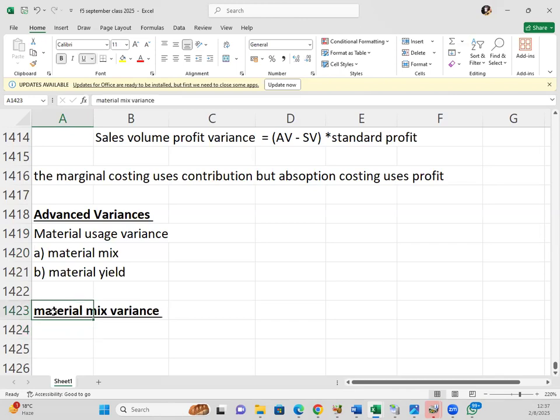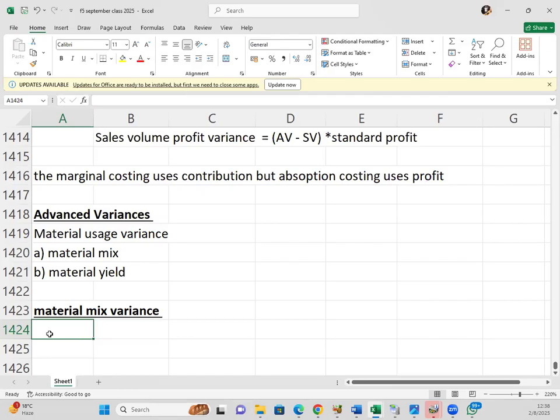So let's think of a cake. We need flour, we need sugar, we might need the essence, we might need the eggs.